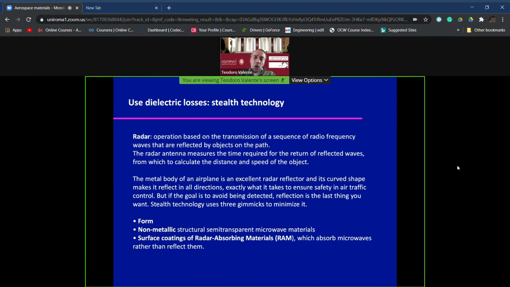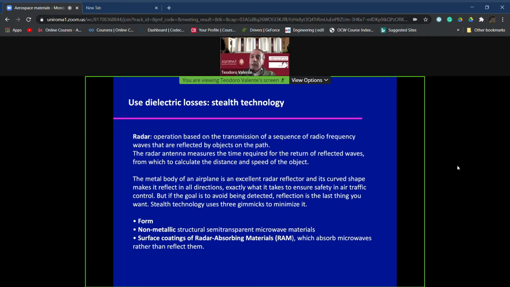But the topic is not related only to the interaction between the electromagnetic wave and the material in terms of capability to suppress reflection or to maximize, for example, absorption.